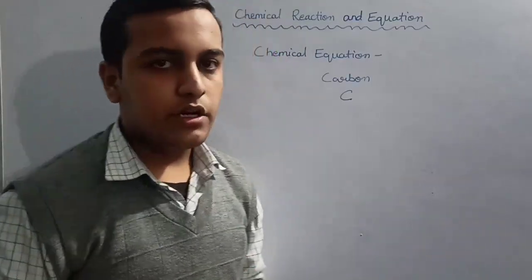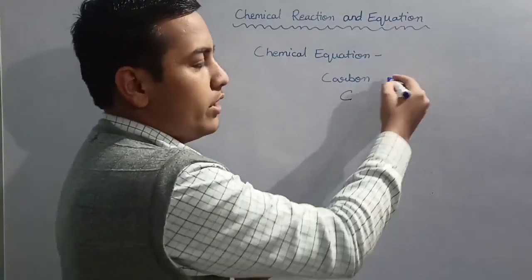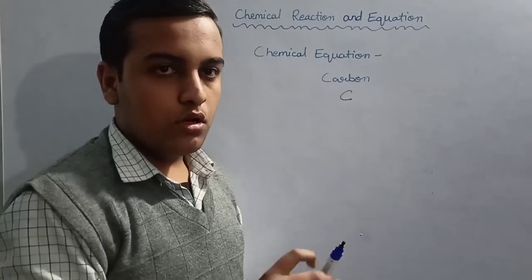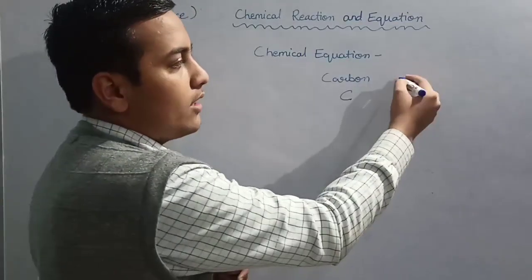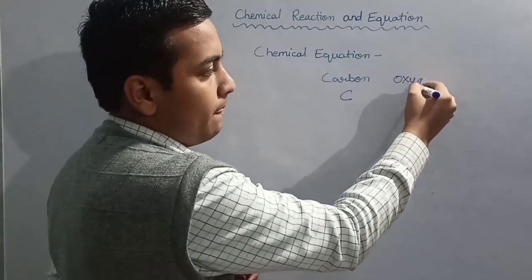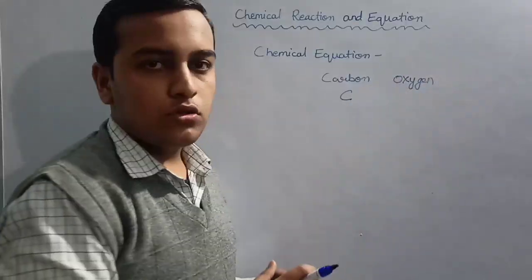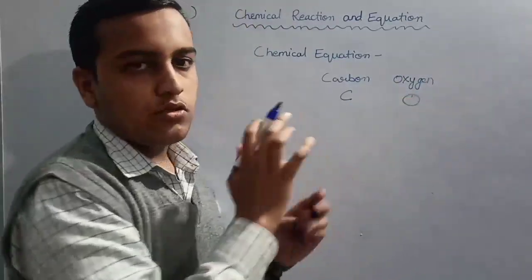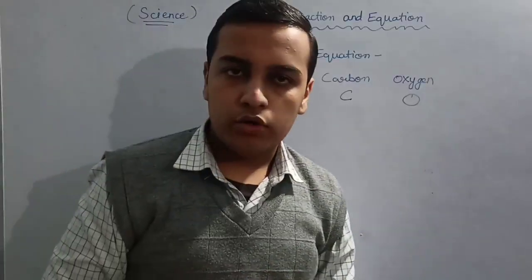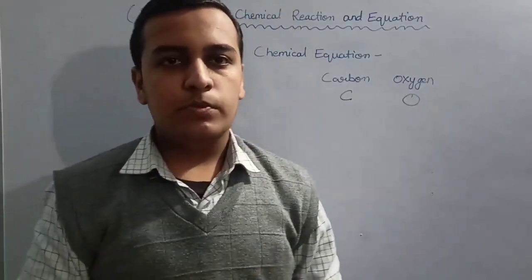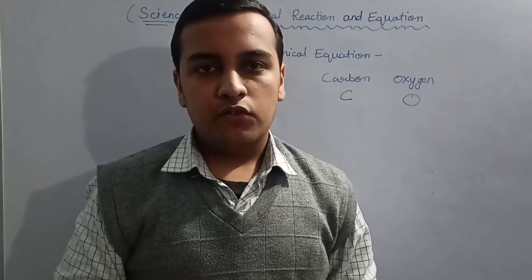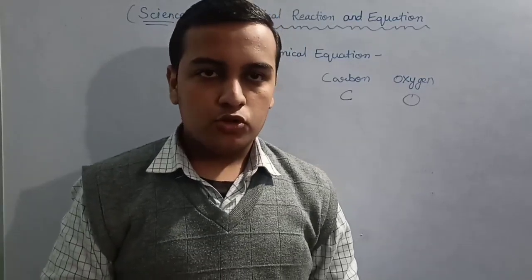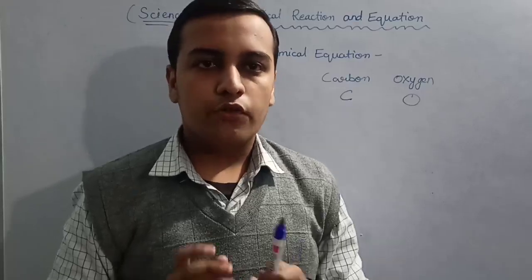There are 118 or 119 elements, so it applies to all elements, compounds or substances. Similarly, oxygen is represented by O. This is all part of the chemical equation. So a chemical equation is basically a quantitative or qualitative method used to represent the elements in terms of formulas or symbols, in short form.